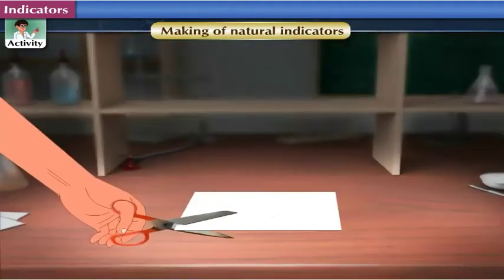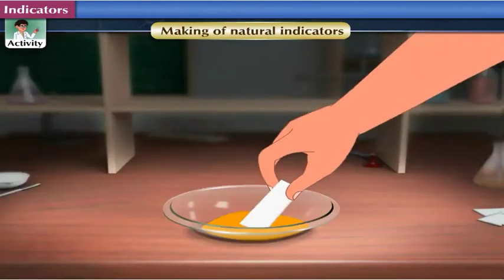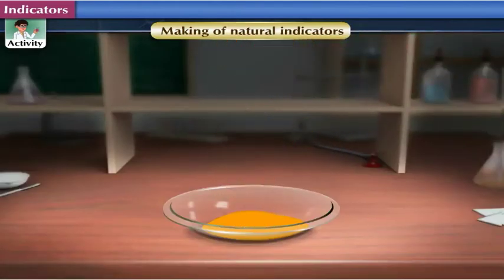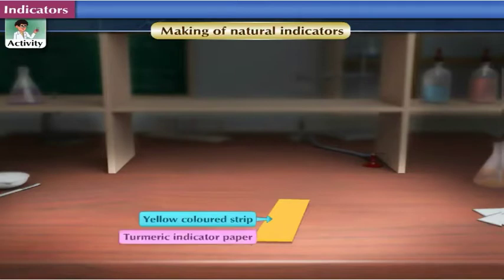Now, cut a strip of the white filter paper and dip it in this turmeric water for a few minutes. After some time, remove the strip and allow it to dry. This yellow-colored paper strip obtained is turmeric indicator paper.